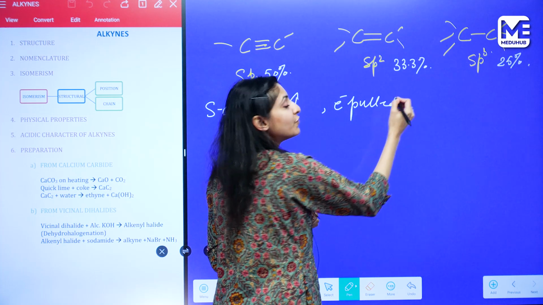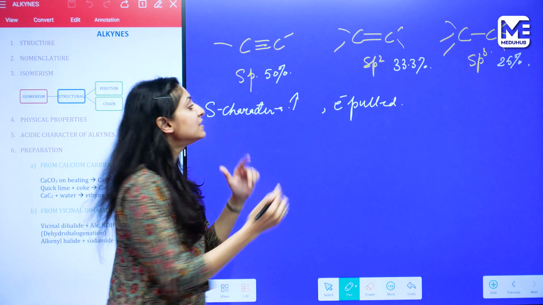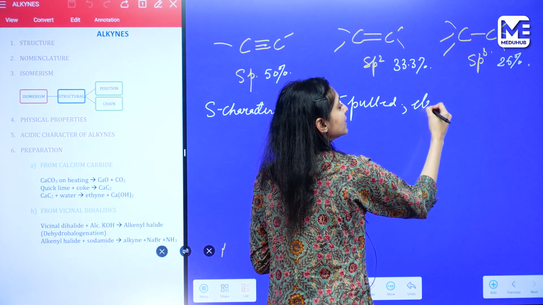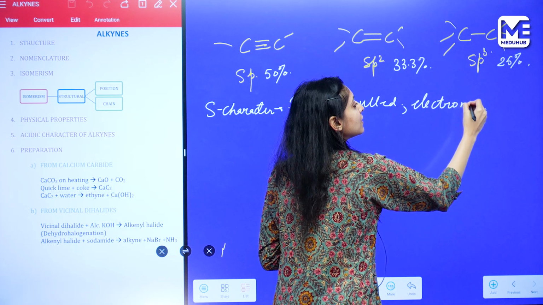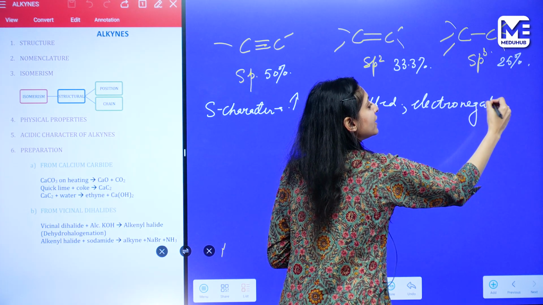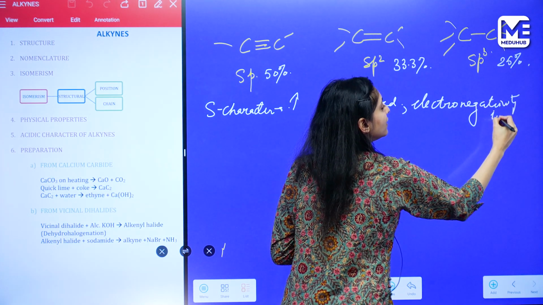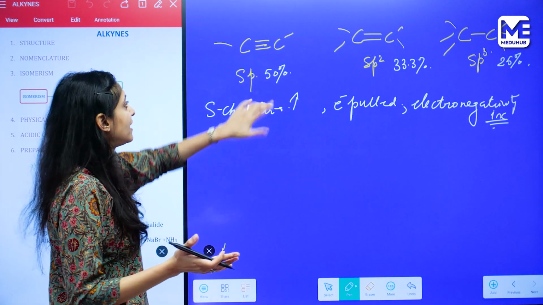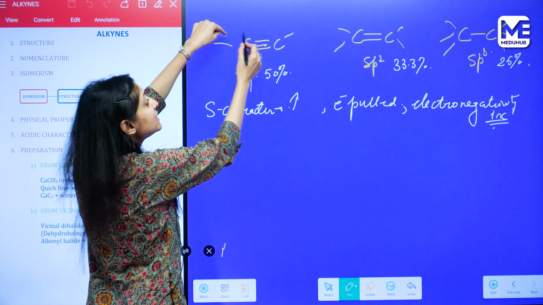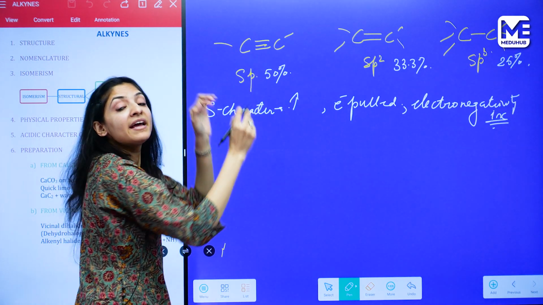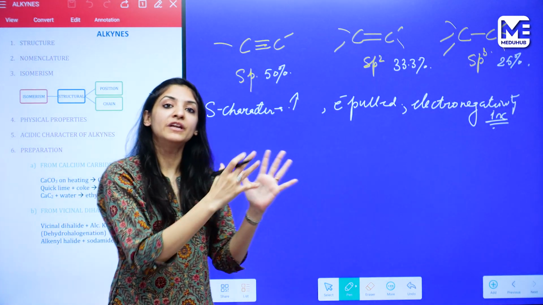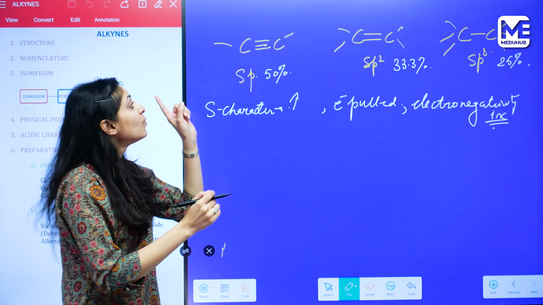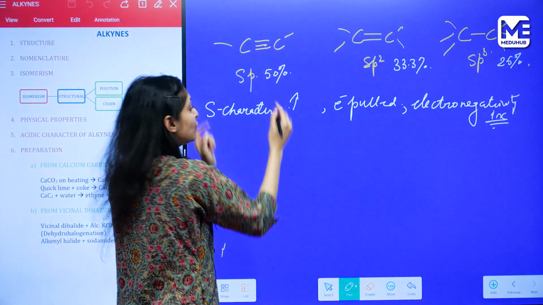Electrons are pulled with more force, which means the electronegativity of this carbon increases. So because the s character is the maximum in alkynes, the electronegativity of this carbon is the maximum, and it can pull the shared pair of electrons more towards itself, which makes the release of the proton.